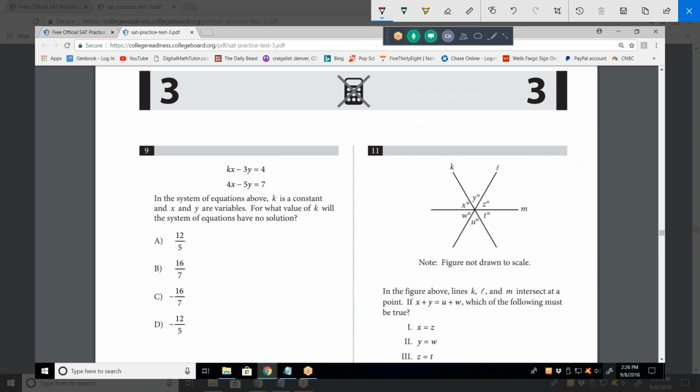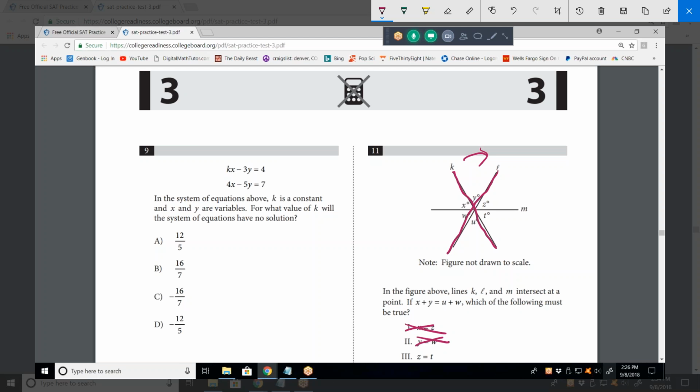So this is definitely not true. Y equals W is not true. Z equals T is not true. Notice that if I take those 2 lines and if they were chopsticks and I just rotated them a little bit by 5 degrees, then Z would not be equal to T, correct?